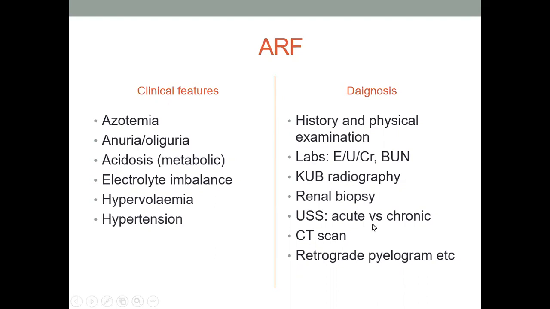So what are the investigations that will help you to make a diagnosis? As you're taught in medical school, history is very important in trying to make a diagnosis of any disease condition. Physical examination, like I told you, always expose your patient in the ICU to do a head-to-toe examination.